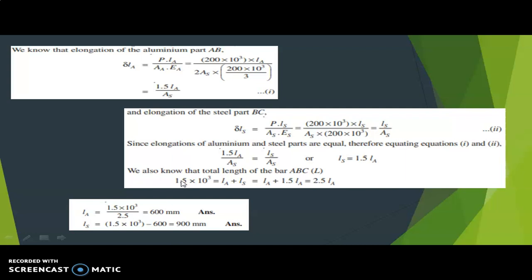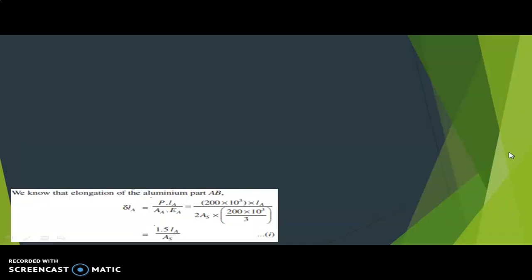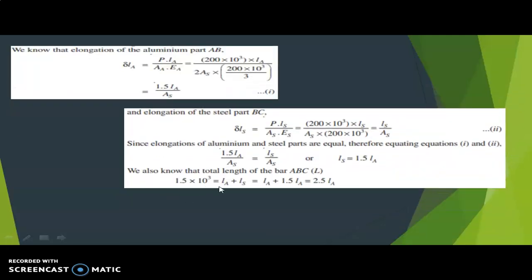Now how can you calculate? We know the total length. What is the total length? Total length is 1.5 into 10 raised to 3. Right, here this is the total length, that is 1.5 meter. Okay, so this is equal to length of aluminium bar plus length of steel bar. What is the length of the aluminium bar? We don't know, let it be.